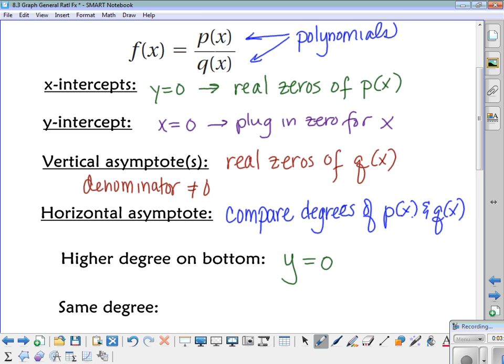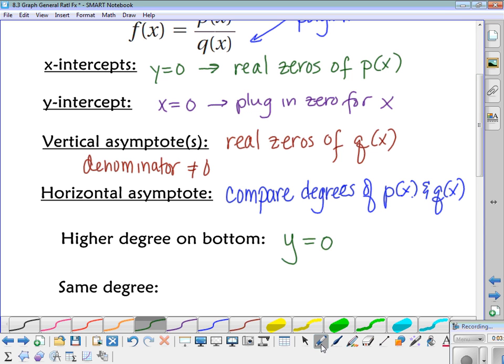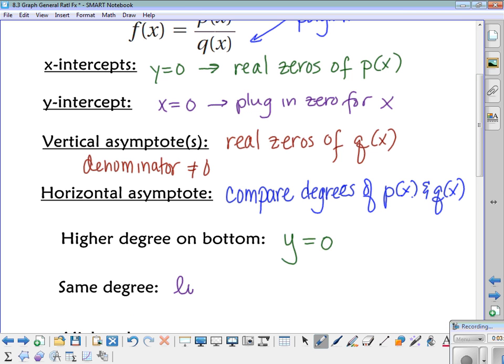If they have the same degree, and we've already done some of these with first degree ones, remember we looked at the leading terms, so we're still going to do that. Look at the leading terms of the polynomial, the leading coefficients.